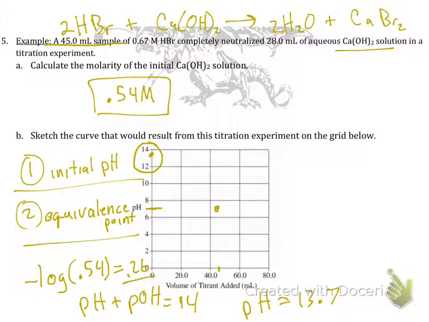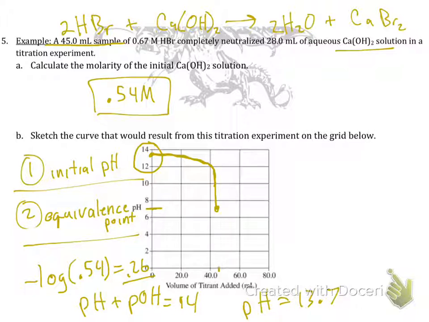Now again, we're sketching the curve here, and we're just estimating what it is. So as we add acid to this initial base concentration, the solution becomes less basic until it gets to the point here where there's no more base, and we reach the equivalence point. Now this is the point at which the problem actually stops.